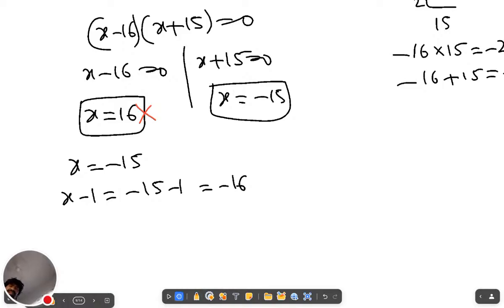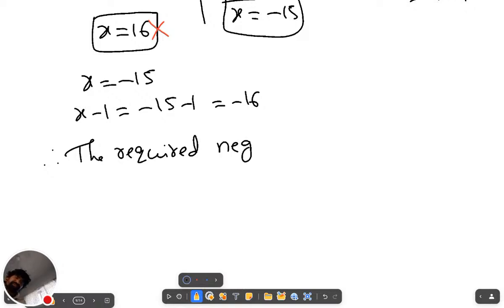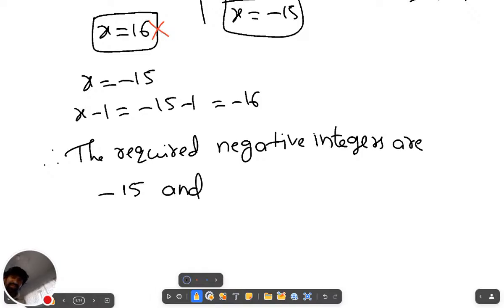So the required negative integers are: the first negative integer is minus 15 and the second negative integer is minus 16. So this is the solution for this question.